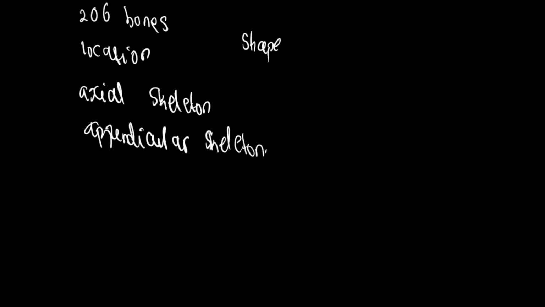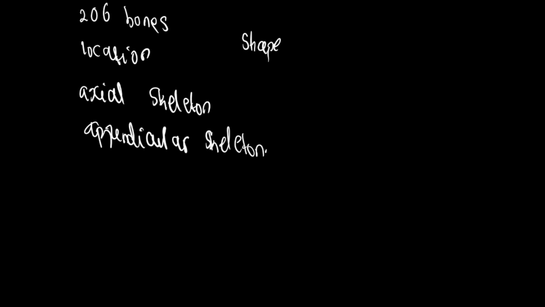The bones that form the axial skeleton are bones that form the axis of the body. Taking a look at the long axis of the body, we can see that there are some bones that lie in this region. Okay, the bones of the skull, the vertebral bones, the rib cage, these are the bones that form the axial skeleton, the long axis of the body.